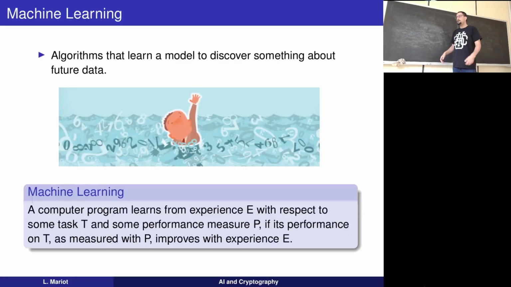So let's start with a recap of machine learning. The definition that I usually like about machine learning is the one that comes exactly from the book by Tom Mitchell, the one that I was showing in the previous slide.